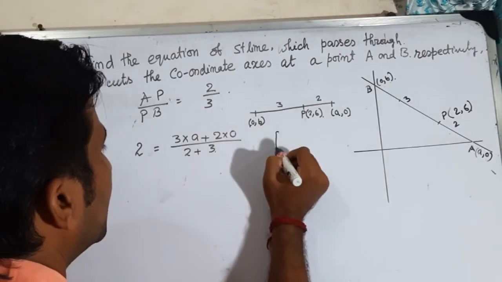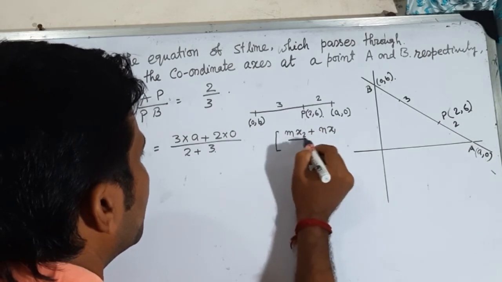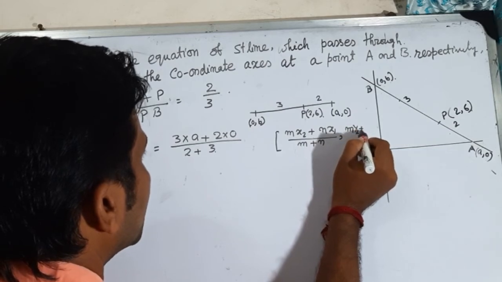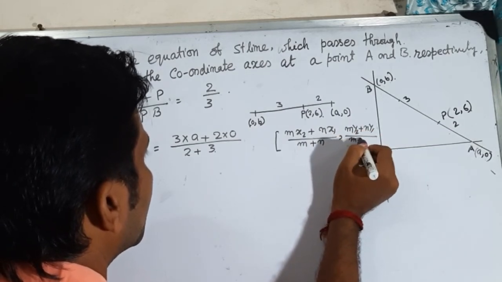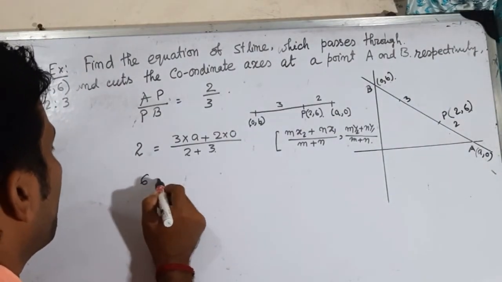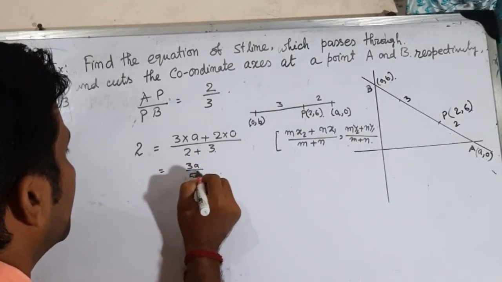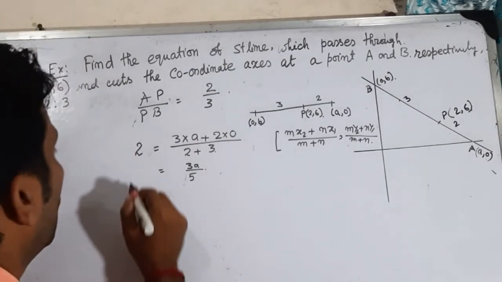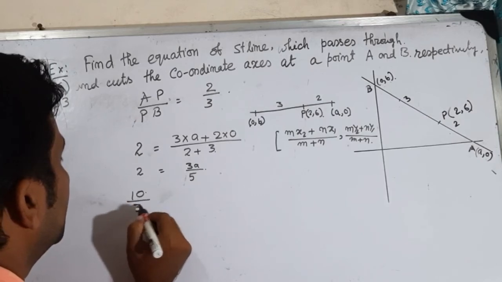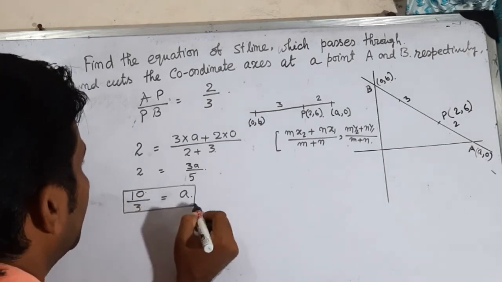We know that internal division is mx2 plus nx1 by m plus n, comma my2 plus ny1 by m plus n. So what we get, 2 is equal to 3a by 5, or 10 by 3 is equal to a. So we get a is equal to 10 by 3.